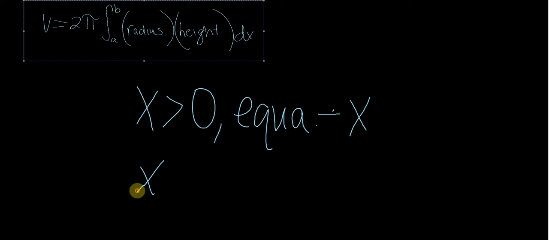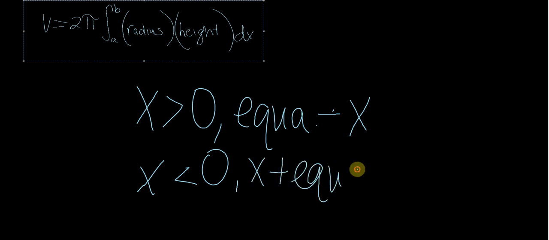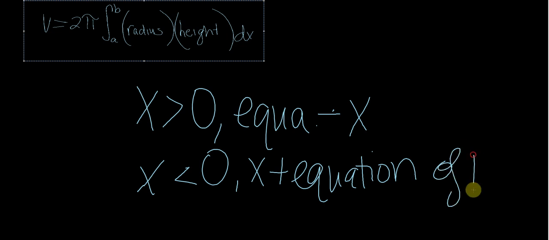if it is shifted over to the left so that the axis of revolution is negative, then the equation of the radius is x plus the equation of the line. And actually, it would be x plus the absolute value of the equation of the line.